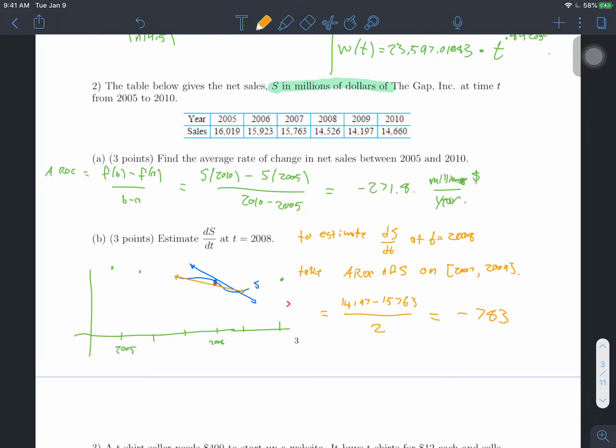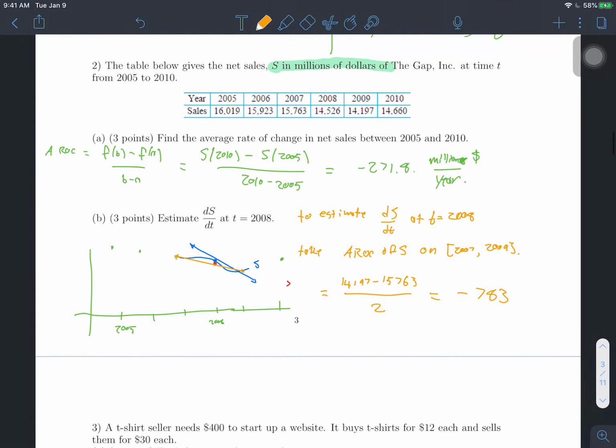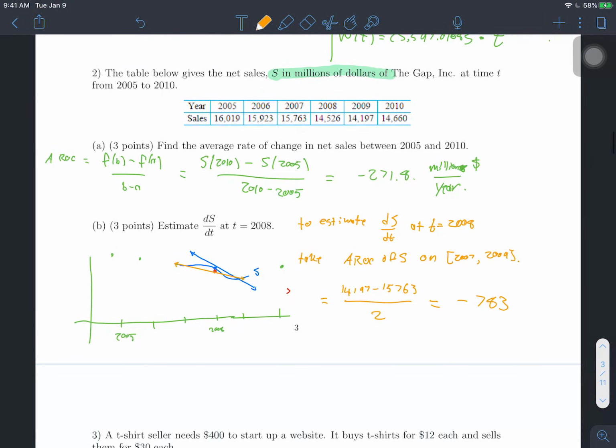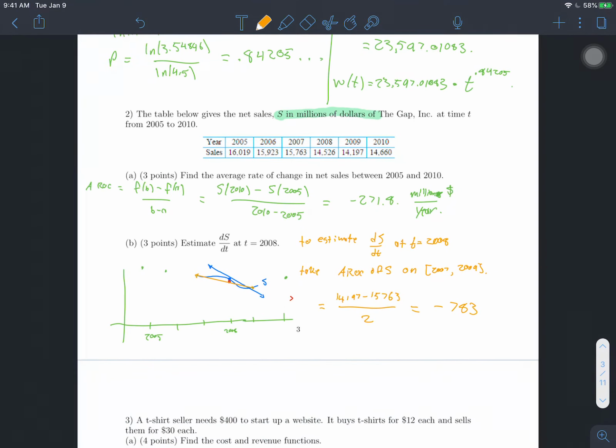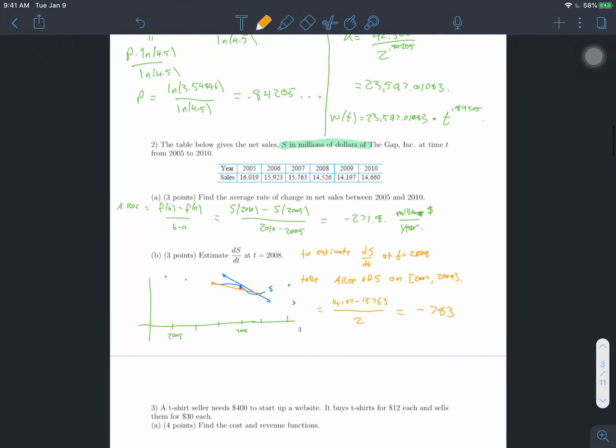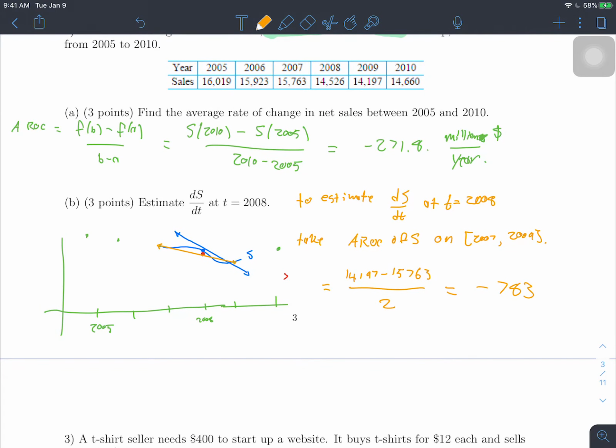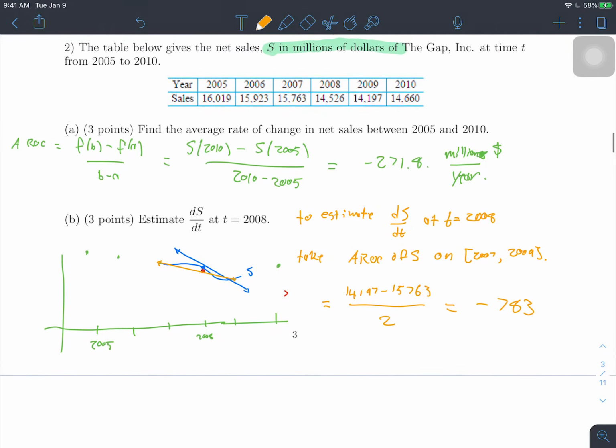Great. So that's how we can estimate that dS/dt. So that's one technique we learned in this class.